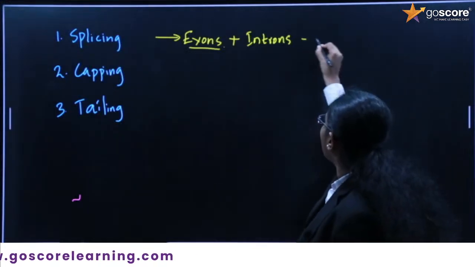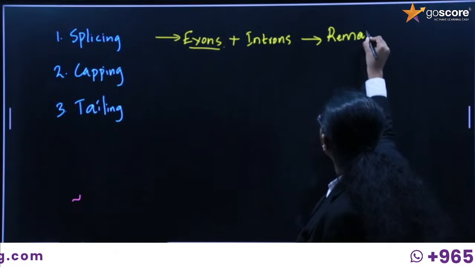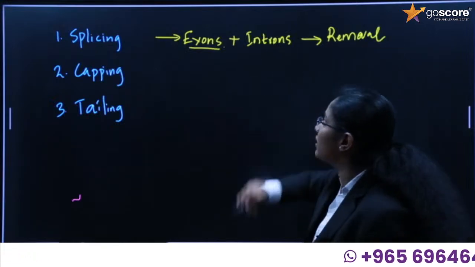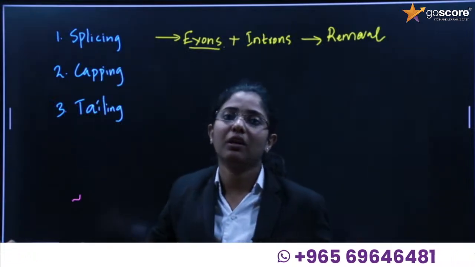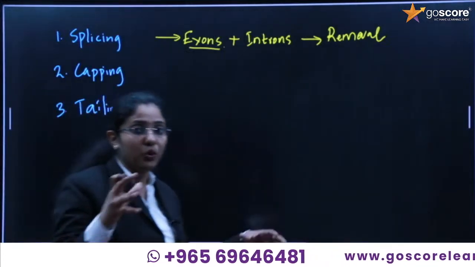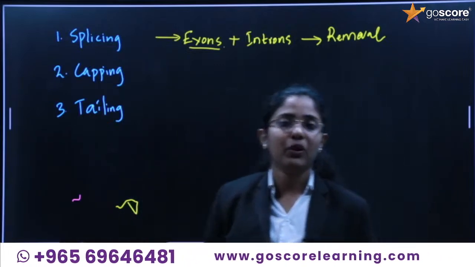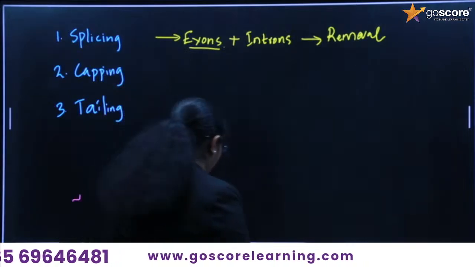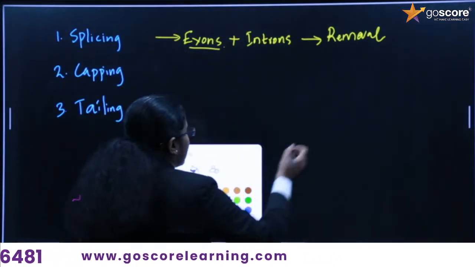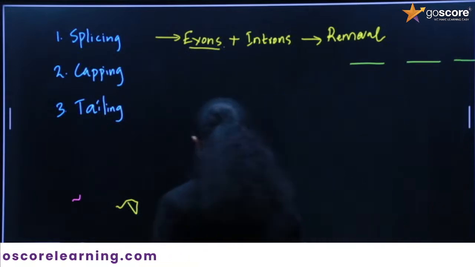The removal of introns from the whole sequence which has exons and introns is known as splicing. Simple. If you are considering a DNA or an RNA, see, this is an RNA.